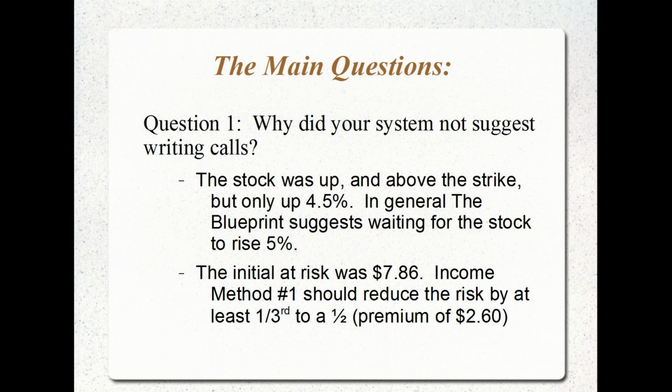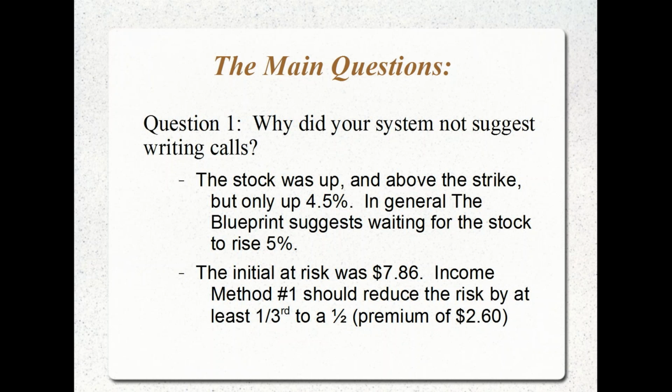In general, when looking at the bullish income methods, which are 1, 3, 4, 6, 5, you could consider 12-1 as well, but we want to wait for the stock to move up 5%. Okay, so it wasn't triggered because the stock had only moved up 4.4, 4.5%. All right, why else did you not see the opportunity to sell a call? Well, I just realized there's a second reason, I think, or third reason. Well, your original at risk was 786.